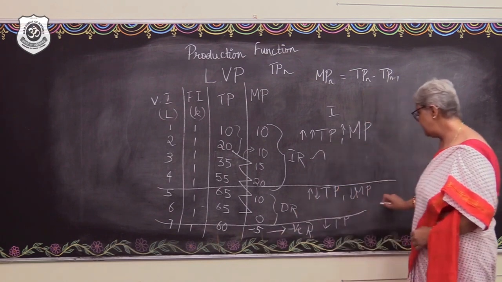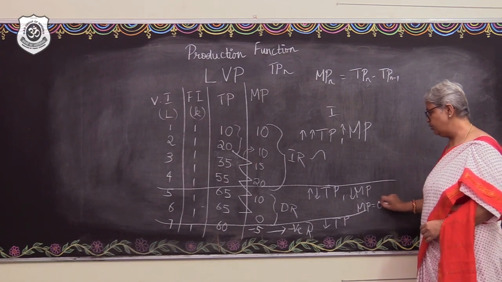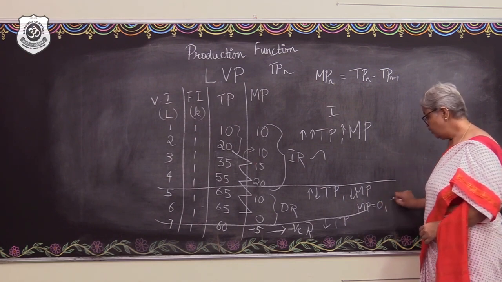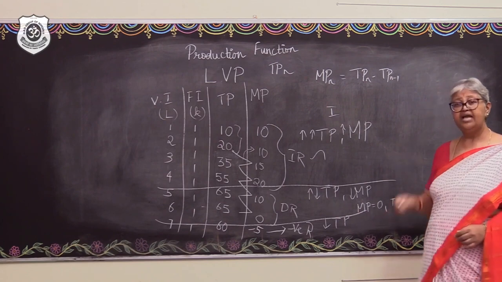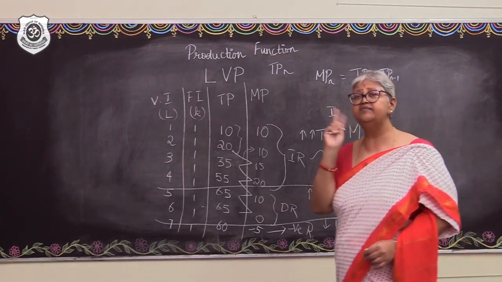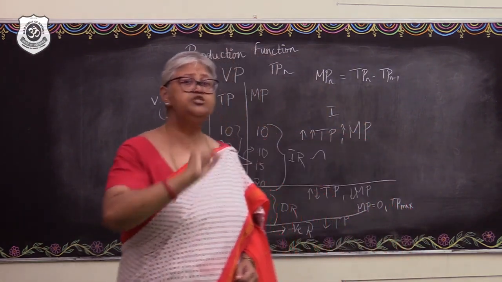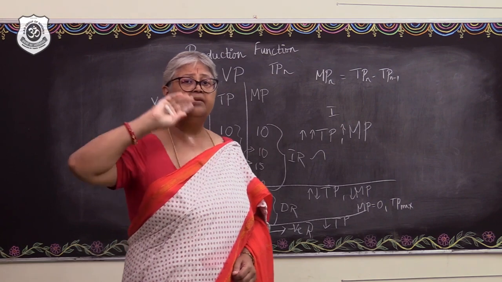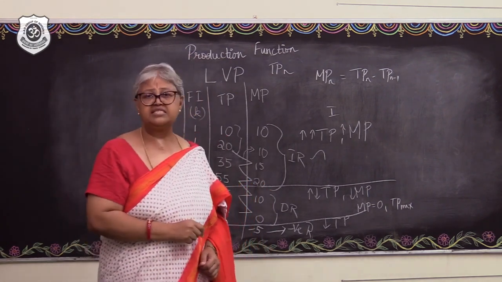So there comes a stage where the marginal product is going to become 0, and that is where the total product will attain maximum. At the end of the second phase, or the decreasing returns phase, the marginal product is going to become 0 and the total product will attain maximum.